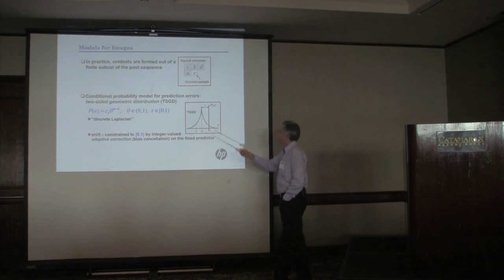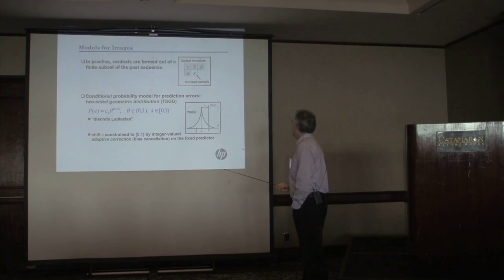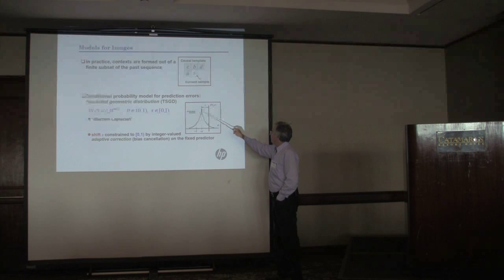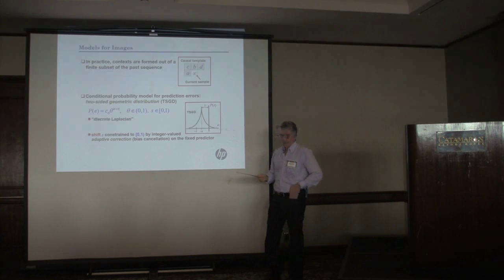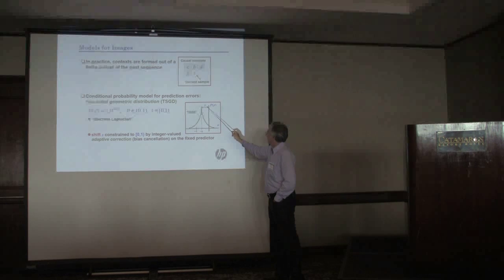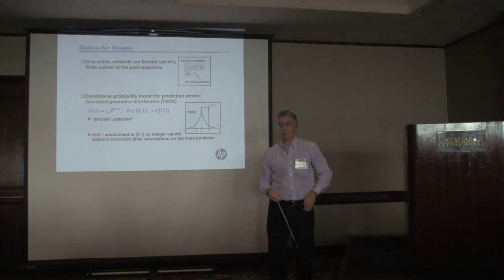The reason we can assume that is that we have an adaptive bias cancellation. We cannot make the distribution be centered completely at 0, because it could be shifted, but we can at least make sure that this bias is not more than 1, because otherwise we would shift the predictor more.